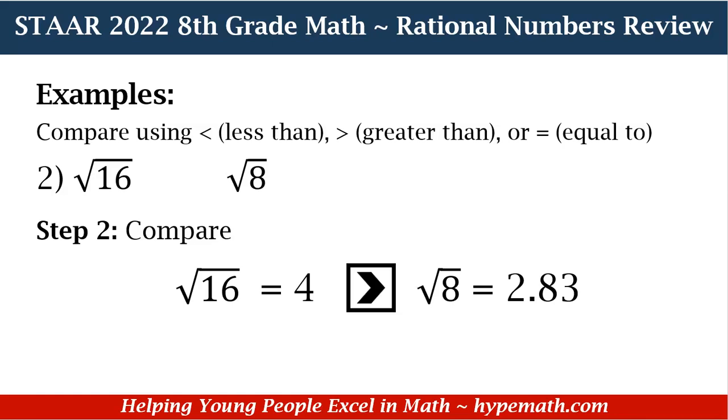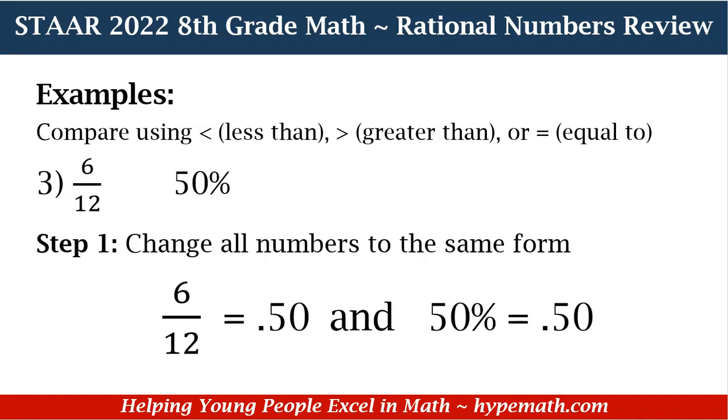And in our comparison, we see that square root of 16 is greater than square root of 8 because 4 is greater than 2.83. Remember, the mouth of the inequality always opens up to the larger number.